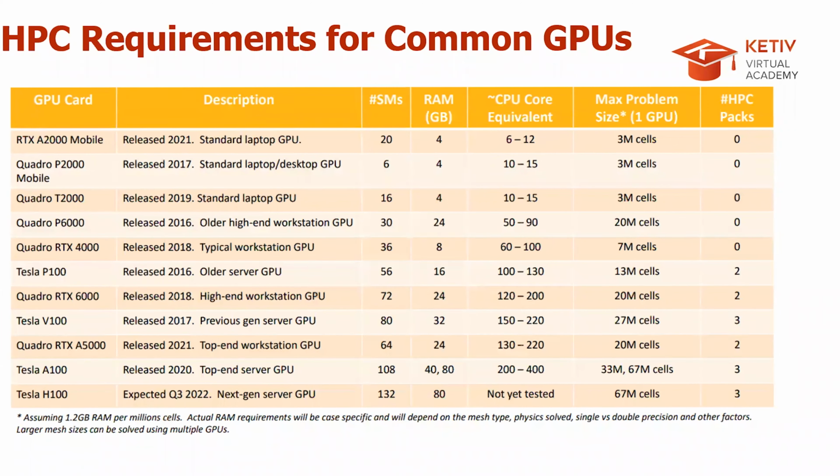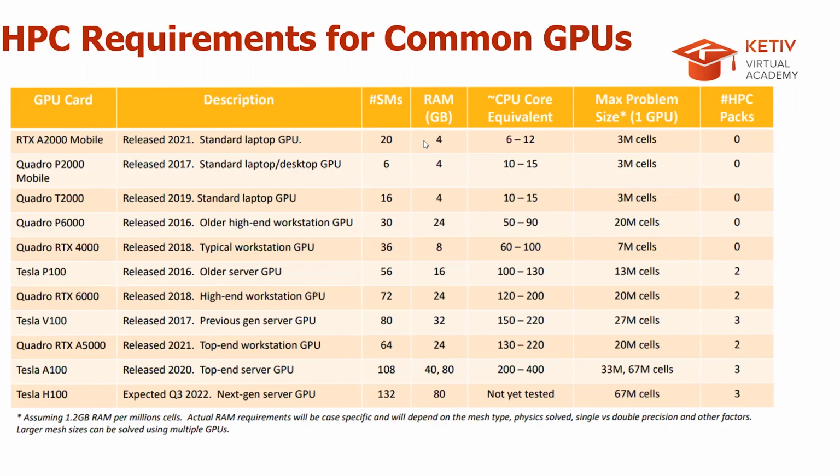If you are looking to build a CPU cluster and instead would like to invest in a GPU server because that's going to save you a lot of cost, then maybe you want to get something like the Tesla A100 or H100, which can solve bigger cell counts. And then, additionally, you will require some HPC packs for doing these type of computations.